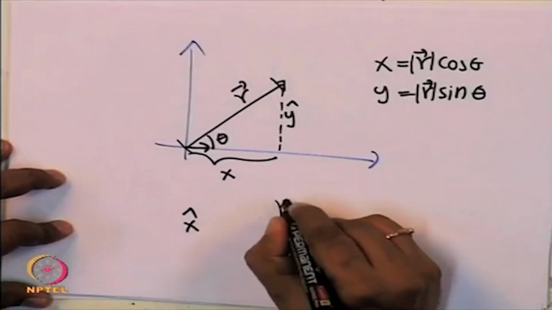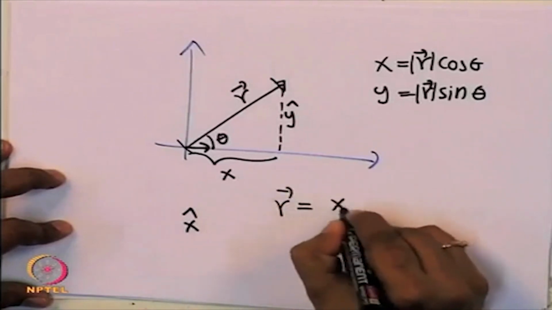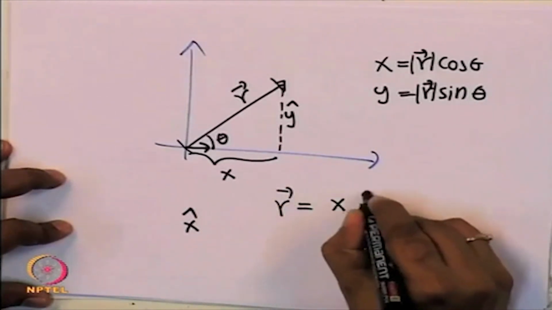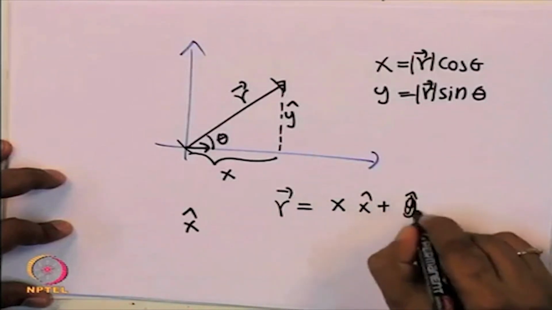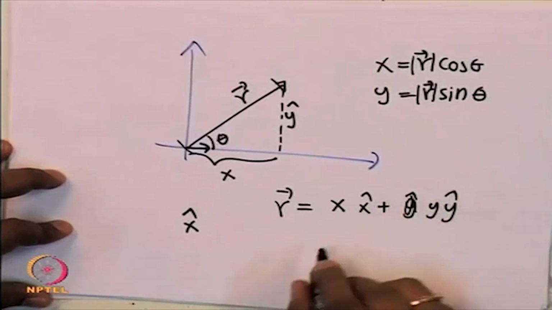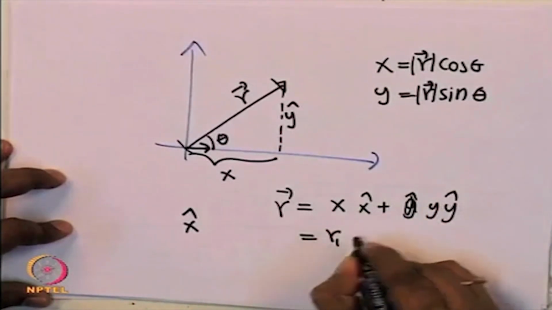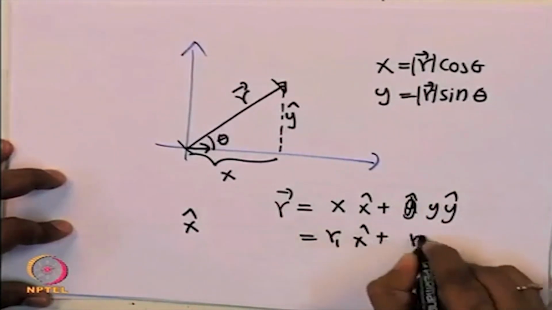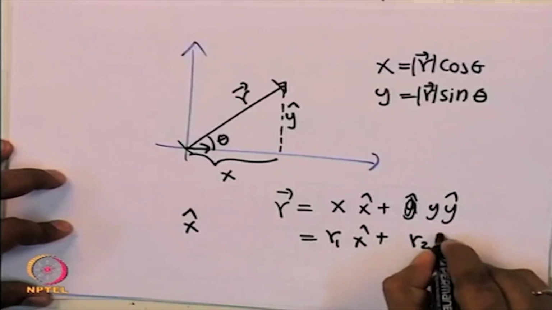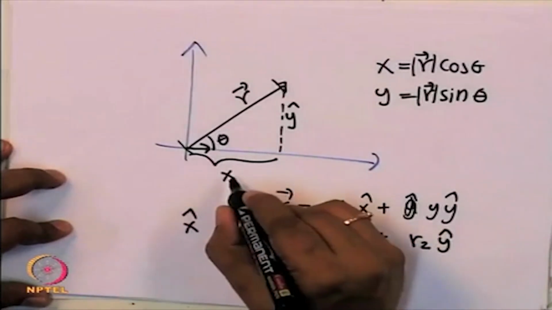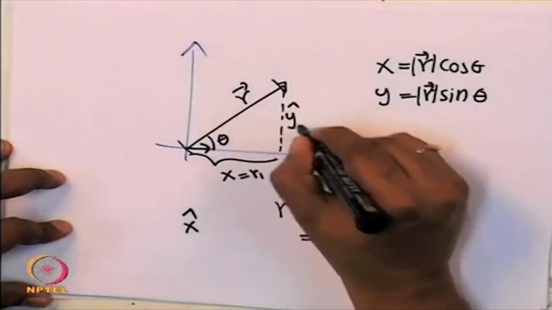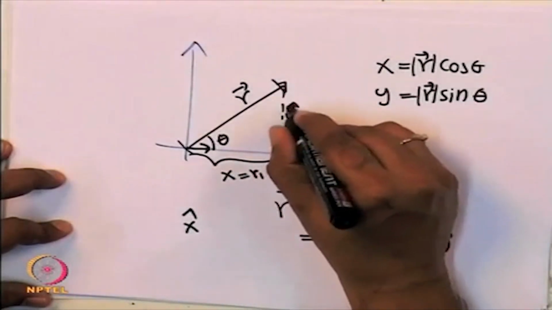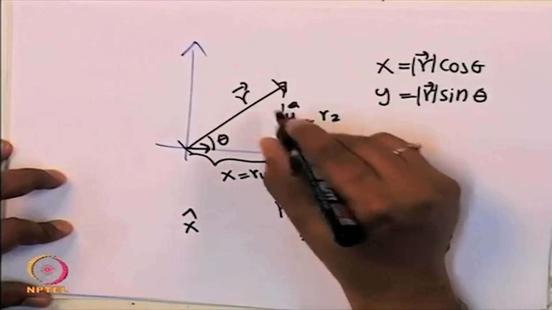We can also define r as an x component along the x axis and a y component along the y axis. Let me write this as r 1 along the x axis and r 2 along the y axis. This is r 1, so x you can write as r 1 if you want, and this distance y you can call r 2.